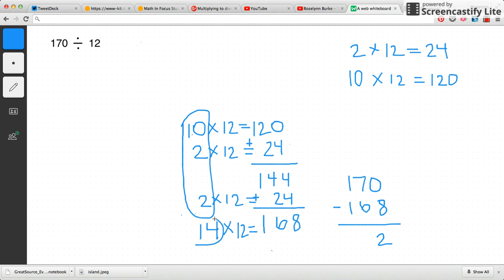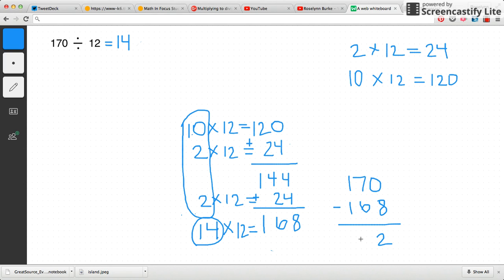So I know that I could have 14 groups of 12 in the number 170. However, I've got to keep in mind that this is not 170. I actually have 2 left over, don't I?